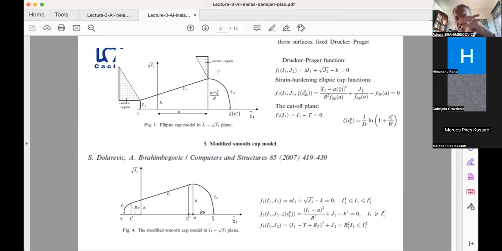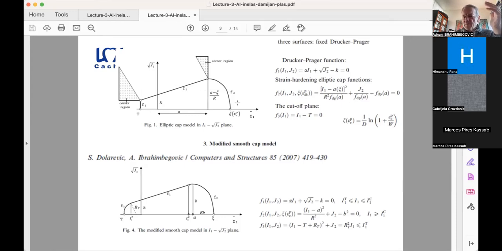On the other hand, you have to take into account that plasticity would happen also when you reach certain tensile strength, and also when you reach certain compressive strength. So in tensile strength, we put one cap, what is called, and in compressive strength, we put another cap. And so initially, what we are doing, we are putting kind of a three-surface plasticity with the Drucker-Prager plus the two caps.